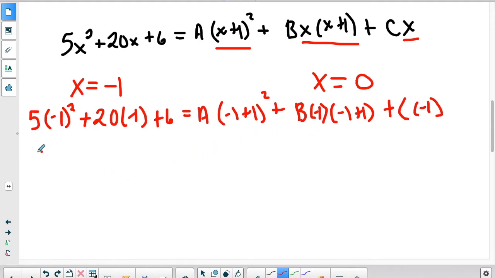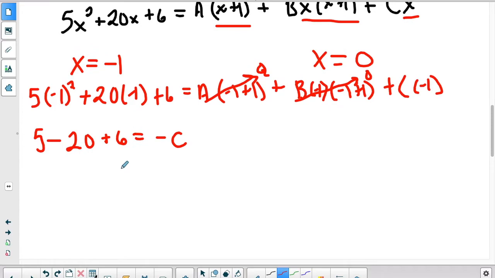Well, negative 1 squared is just 1, so we'll have 5. Negative 1 times 20 is negative 20, plus 6 is equal to, this whole thing here is going to become 0. This whole thing here is going to become 0. So all we have left is negative c. So we could simplify this side here. So 5 minus 20 plus 6.